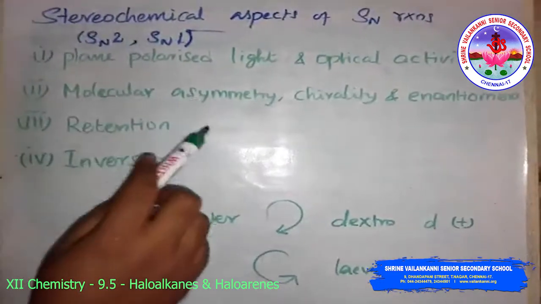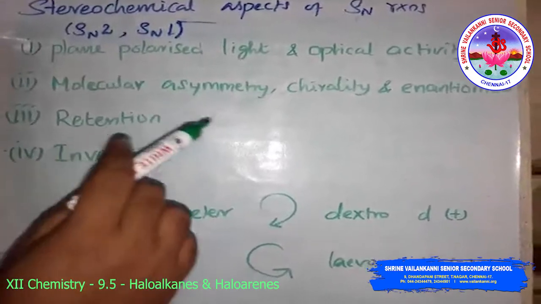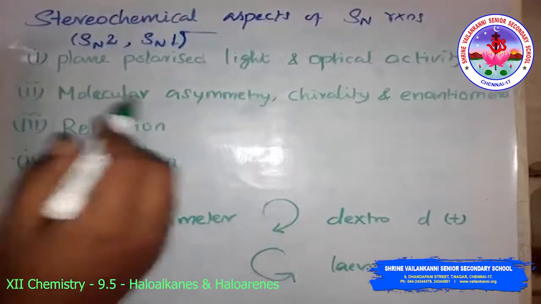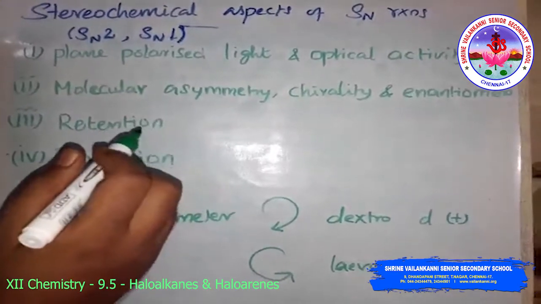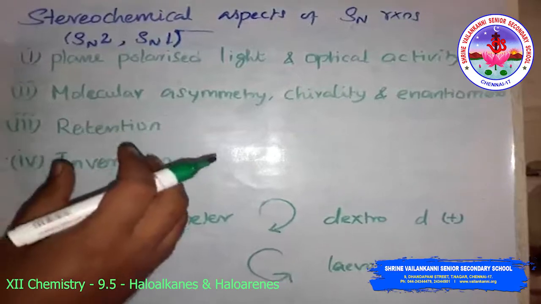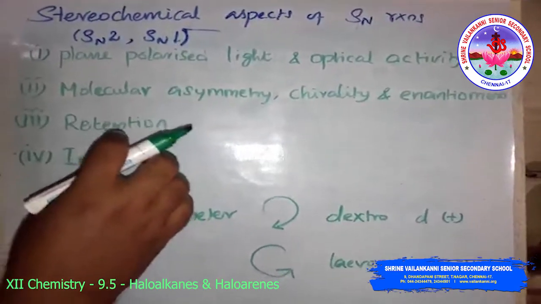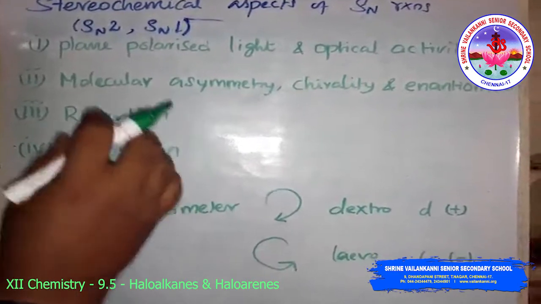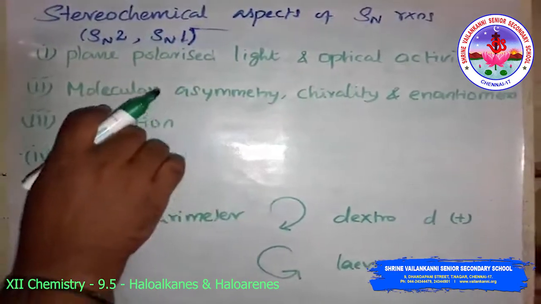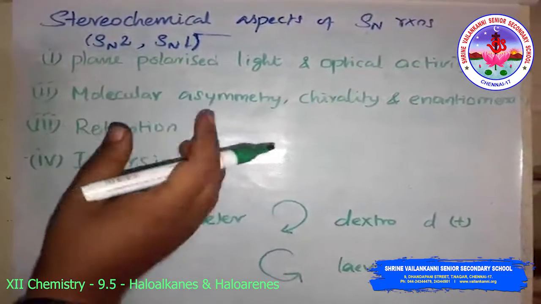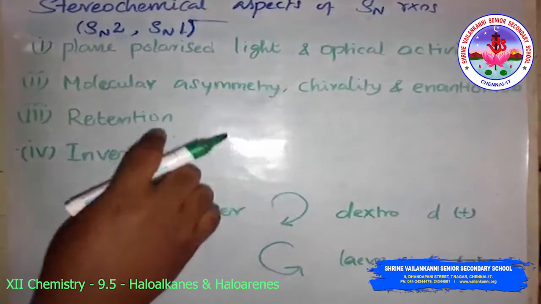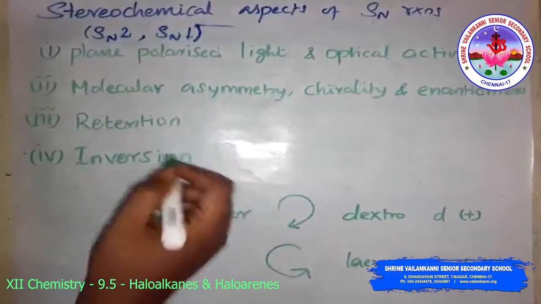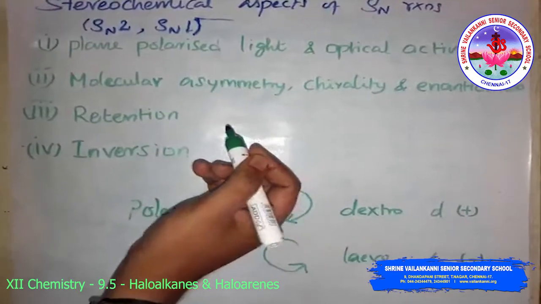Now, molecular asymmetry, chirality and enantiomers. For solutions of equal concentration, compounds showing optical rotation of equal magnitude but opposite directions exhibit molecular asymmetry. That means the difference in optical activity is associated with the three-dimensional arrangement of atoms, that is, configuration.